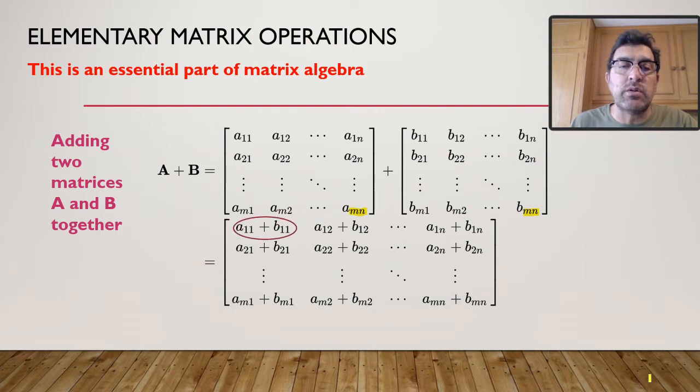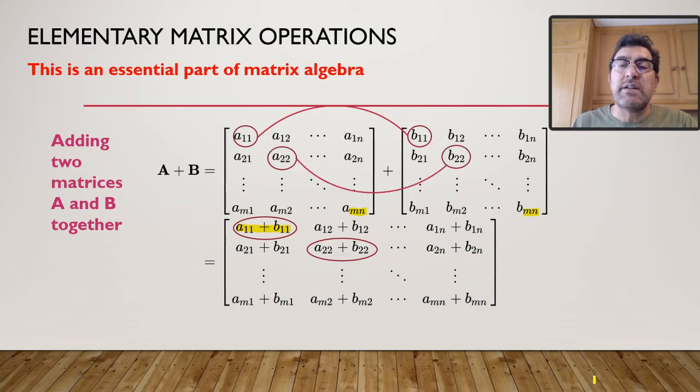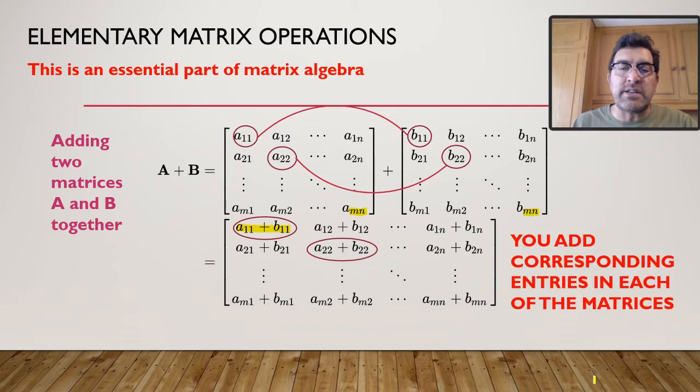Well, first of all, how does this come to be? A11 plus B11 takes entry A11 and adds it to entry B11. If we look at the next entry, A22 plus B22, in the sum of the two matrices, it's the two corresponding entries in the two different matrices that are added together.